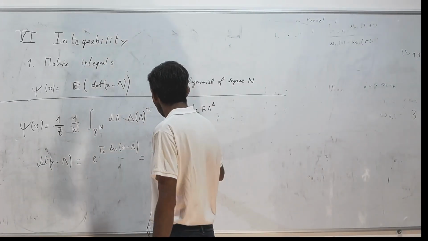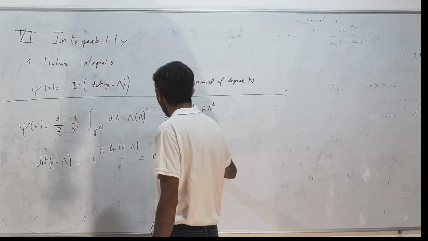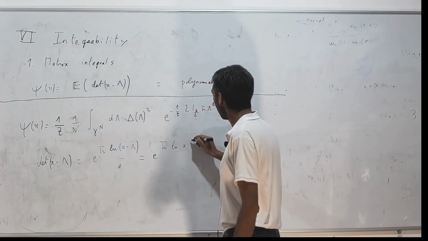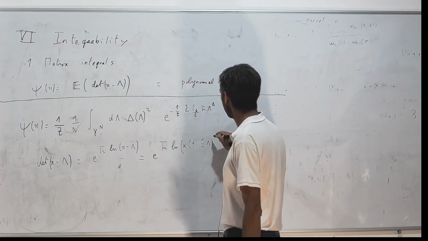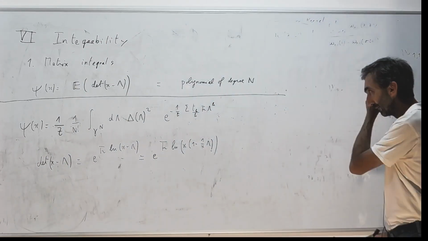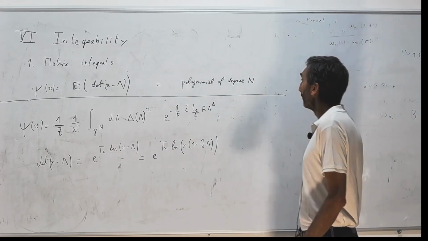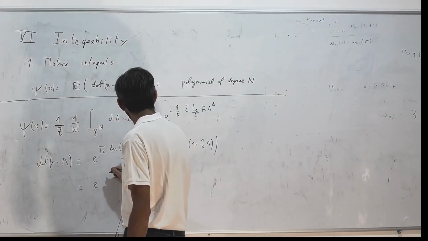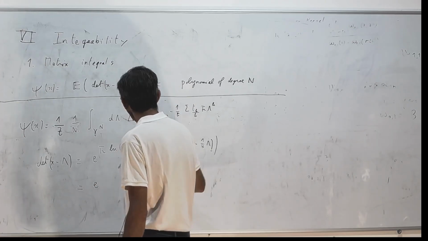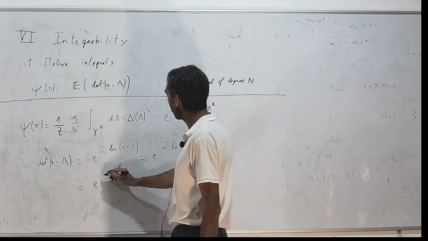Let's write it as exponential of trace of log of x times 1 minus 1 over x lambda, which will be exponential of, so trace of log x is just n times log x.